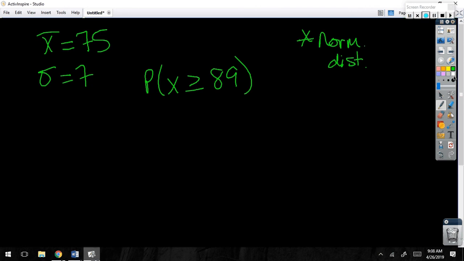I will generally sketch a little picture because it helps me see.